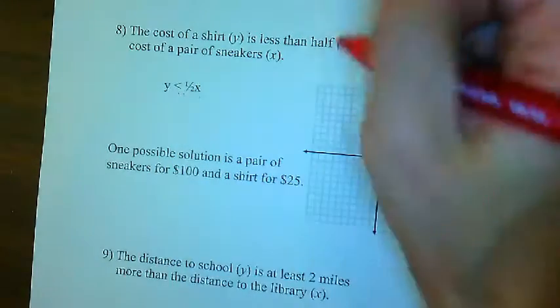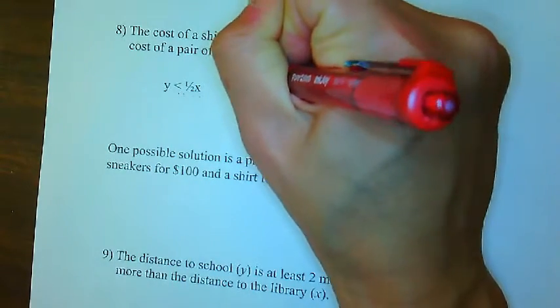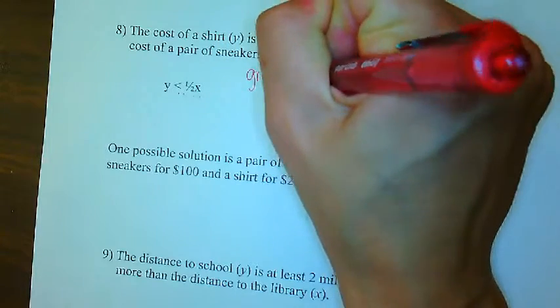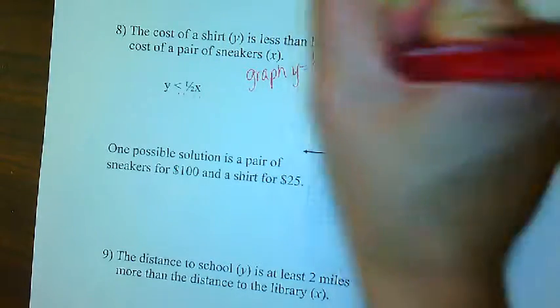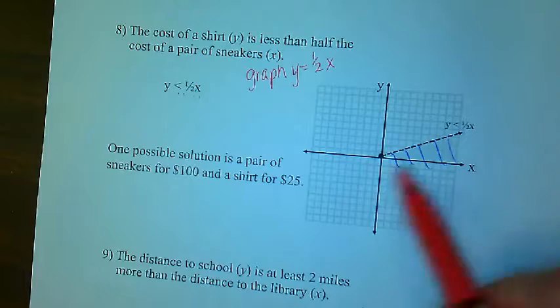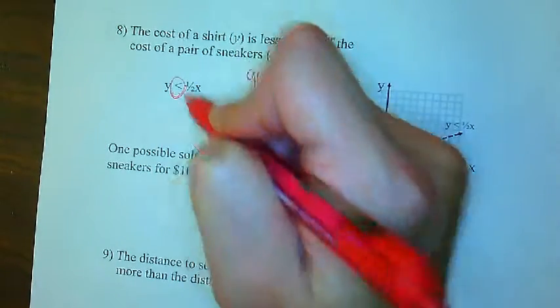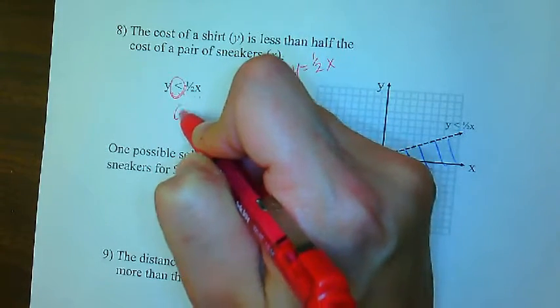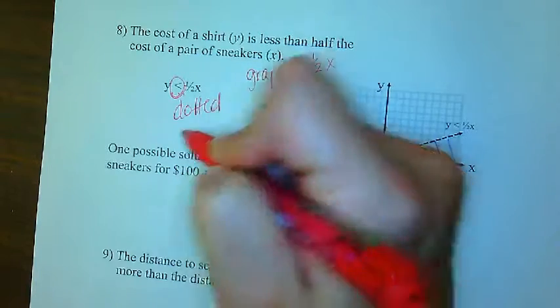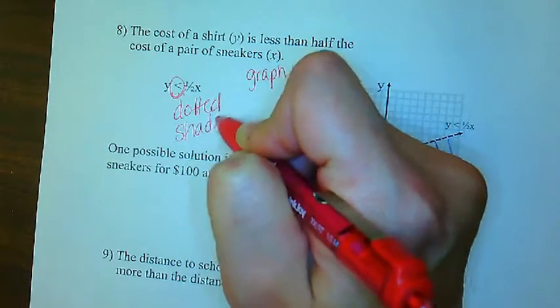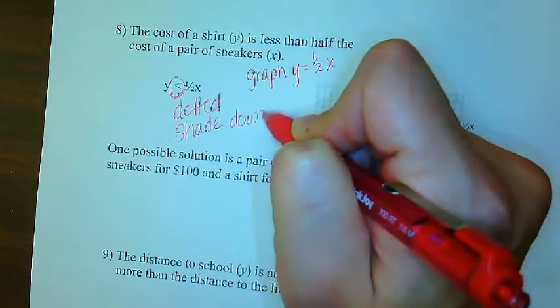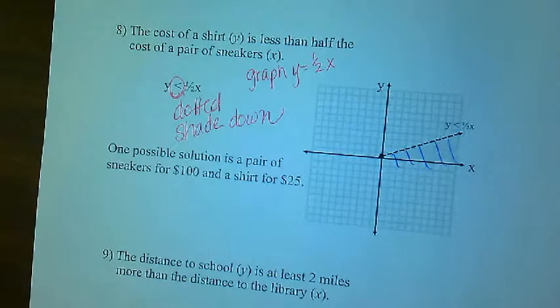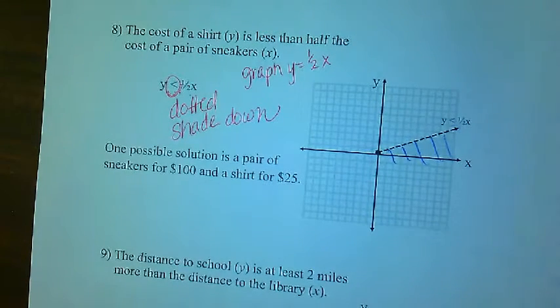Okay, again, you want to just simply graph y equals 1/2 x. Okay, do that graph. I know that this is going to be dotted, and it's going to shade down. Okay? This is only in the first quadrant because we are talking about actual things.